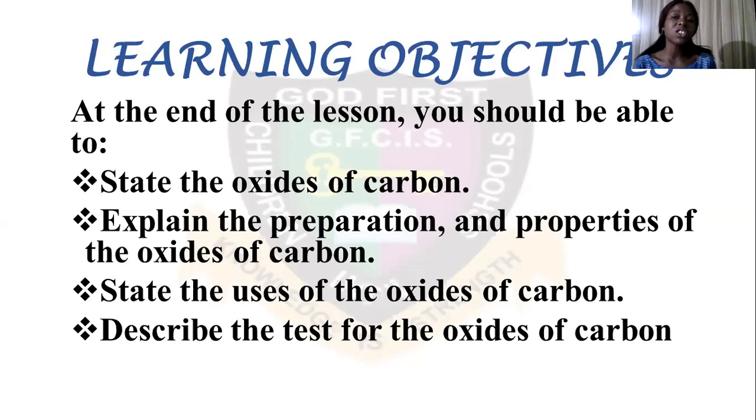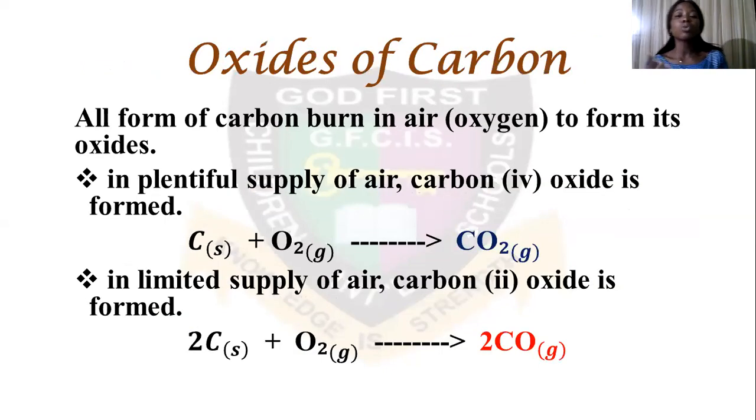Now, I need to mention here that when we say oxide of carbon, we are saying carbon and oxygen in a chemical bond. So that is known as oxide of carbon. There are actually 2 main oxides of carbon, which are carbon 4 oxide, which we know as carbon dioxide.